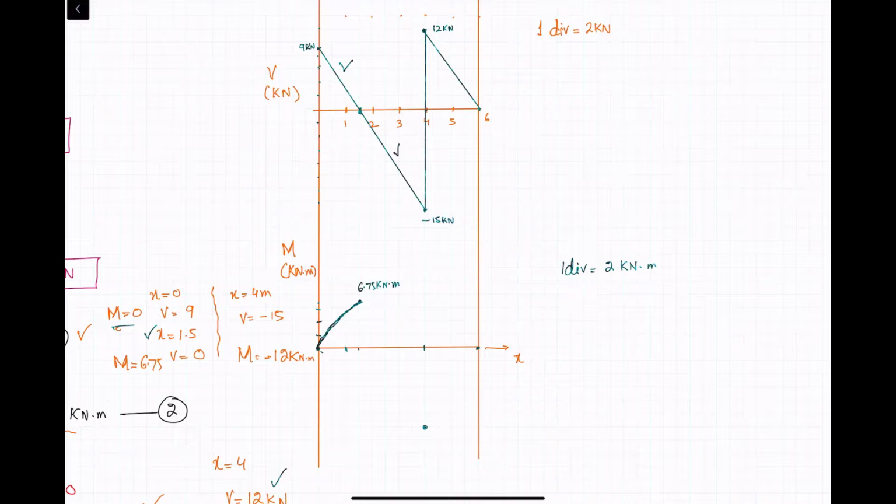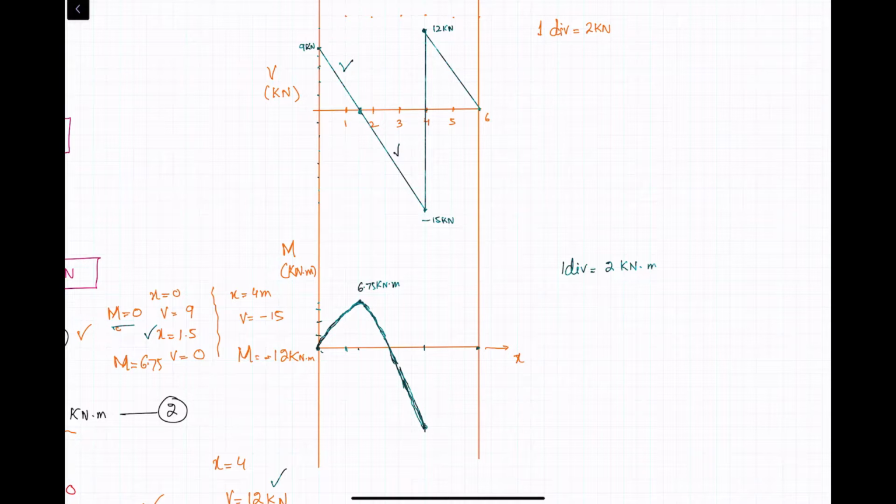And again, the bending moment between these 2 points will also be a second degree curve, and the slope will be decreasing clockwise. So I have to draw it roughly like this. Better you can use the equation of m in order to get multiple points, and you can get the smooth curve.